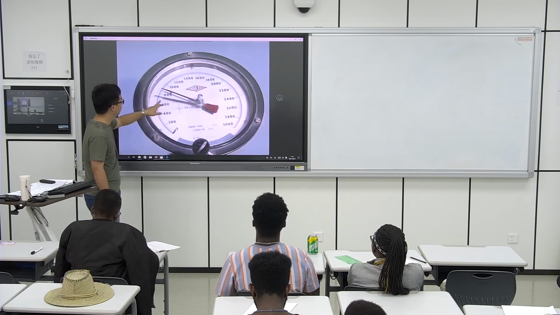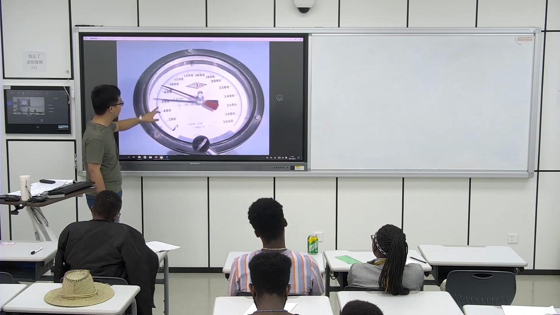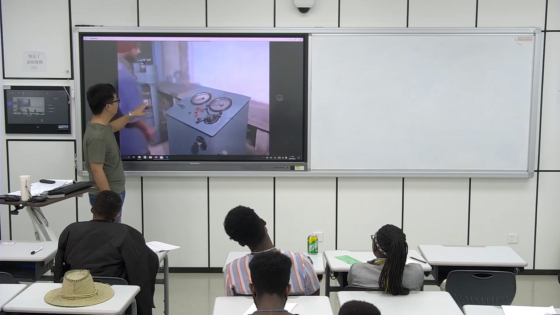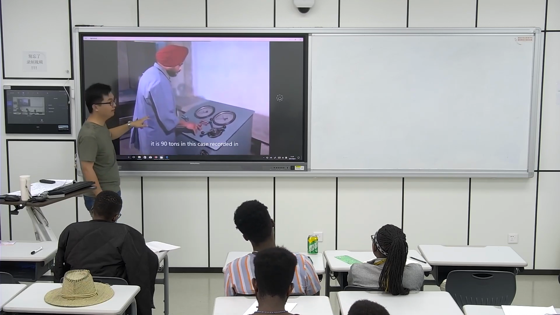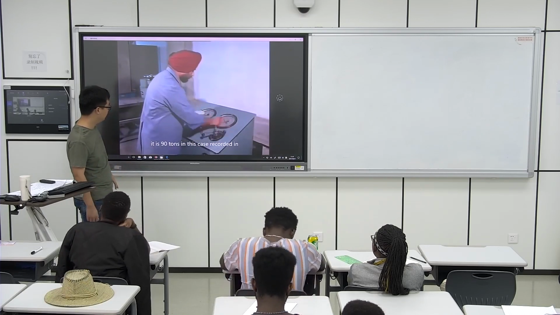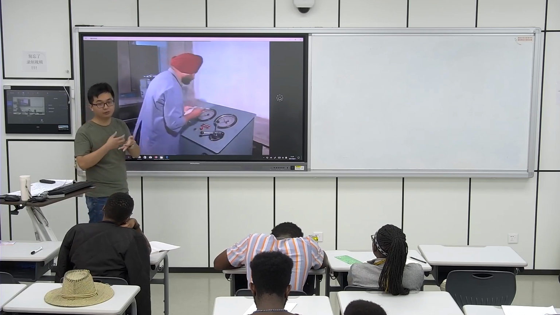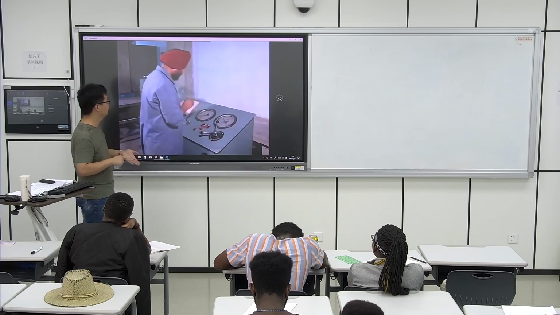So that means the concrete cannot resist the load in this case, 90 tons. It is recorded in the observation sheet. Yeah, he used a table, used a paper to record the values.